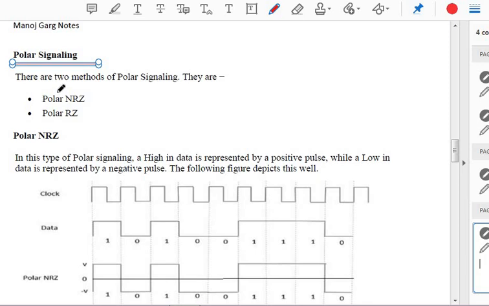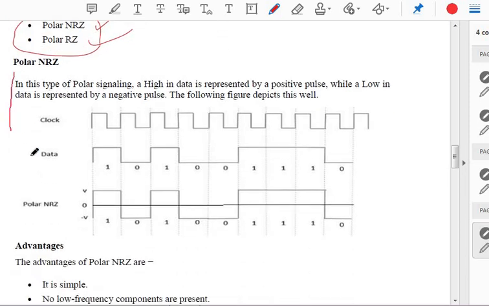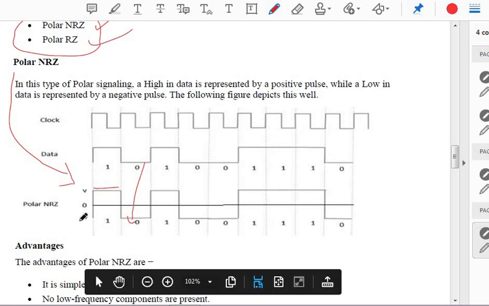Again there are two types of polar signaling, polar NRZ and polar RZ. In polar NRZ, 1 is represented by positive voltage for the complete bit duration and 0 is represented by negative voltage for the complete duration.